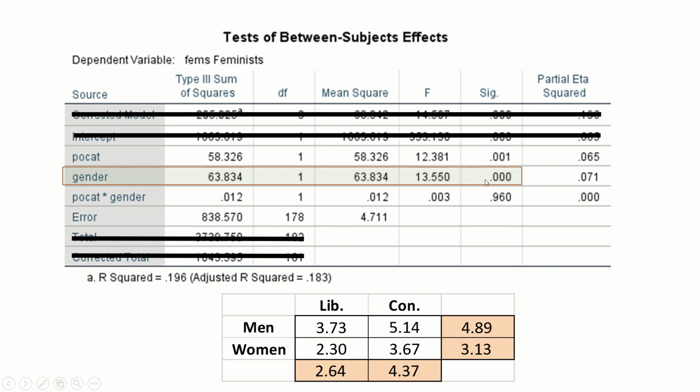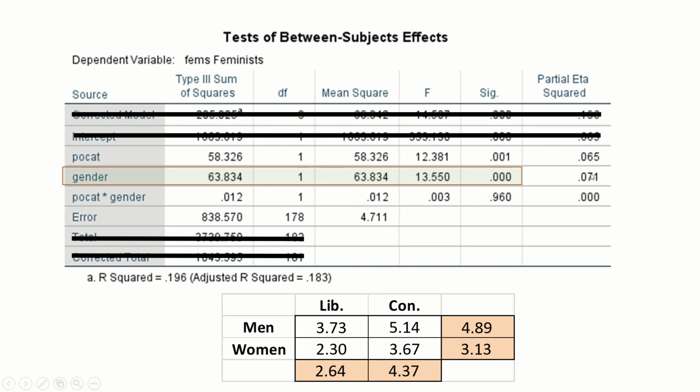Again, we denote this as p less than 0.001, so there is a significant main effect of gender. Overall, men are reporting significantly more anti-feminist prejudice compared to women. Not that big of a surprise.